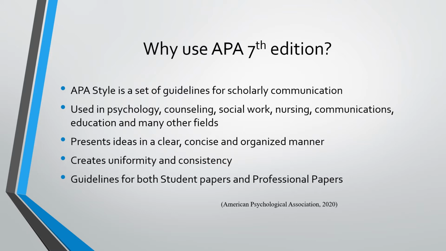APA style provides a set of guidelines for this communication, which assists in presenting ideas in a predictable, concise, and organized way. APA 7th edition offers guidelines for both student papers and professional papers. This presentation will focus on student papers.